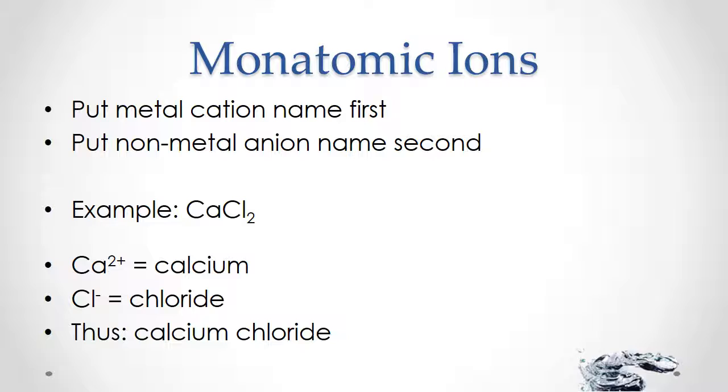You'll note though that we don't have to do any balancing to the name. Calcium, because it has a fixed plus charge, we know is going to be 2 plus. And chloride, because it has a fixed charge of 1 minus, we know that we're going to have to take 2 chlorides per every calcium that we have present when we have calcium chloride.